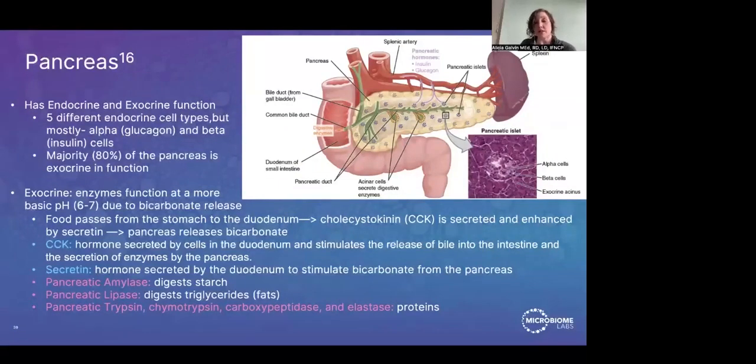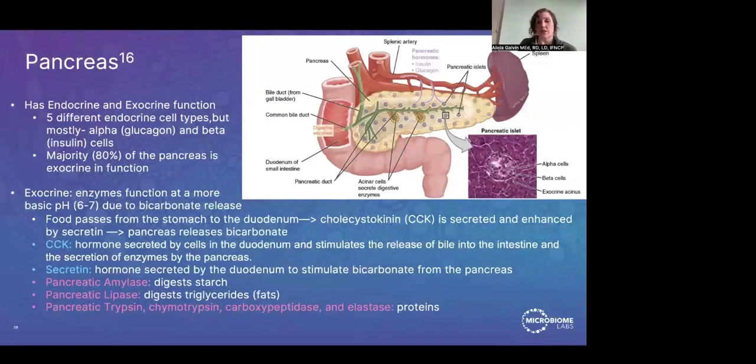So in the stomach, you have to have it real acidic to activate that pepsinogen to pepsin to break down proteins. You also have to have proper acidity in the stomach to then activate the release of bicarbonate, which helps to then neutralize the pH in the upper part of the duodenum.